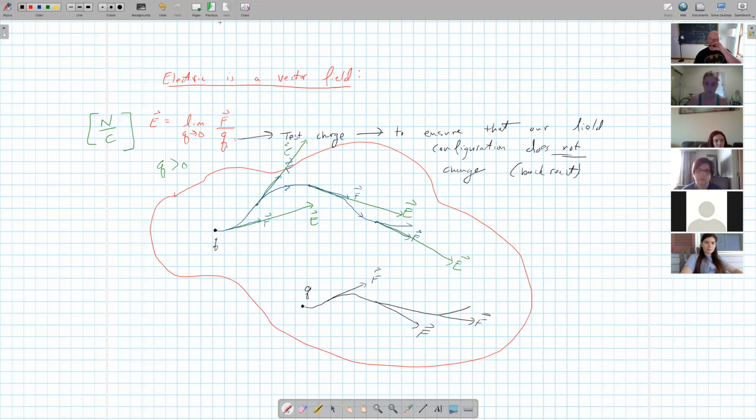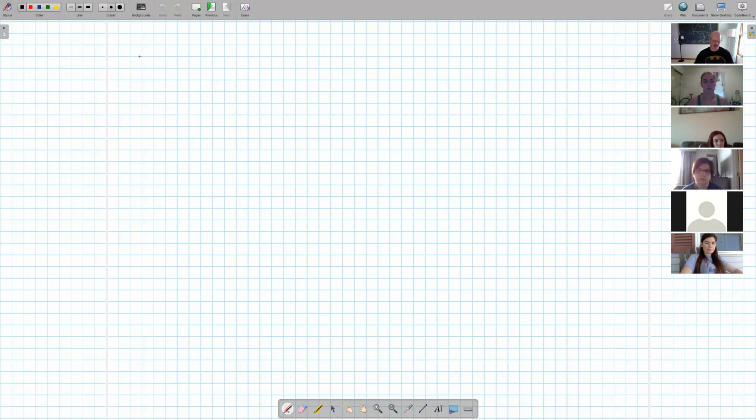Good. So how do we visualize electric fields? Let's talk about visualizing electric fields. We're going to write the electric field as an E with a vector sign over top. So how do we visualize these things? Basically, we assume that a charge is what's creating the electric field.